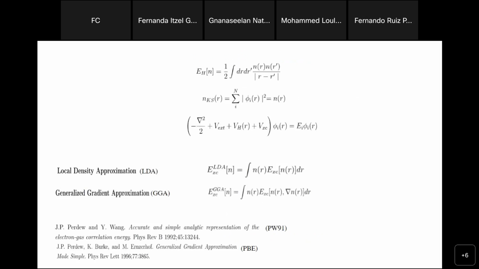The density of the system is defined as follows. It is the sum of the squared wave functions. Such wave functions are solutions of the Kohn-Sham equation, which is a Schrödinger-like equation with three different potential terms: the external potential, the Hartree potential, and the exchange correlation potential.